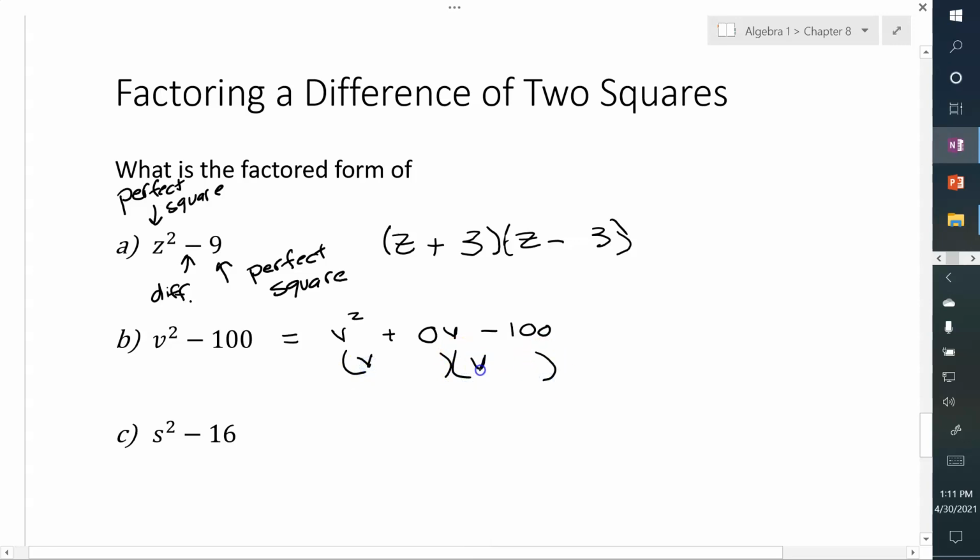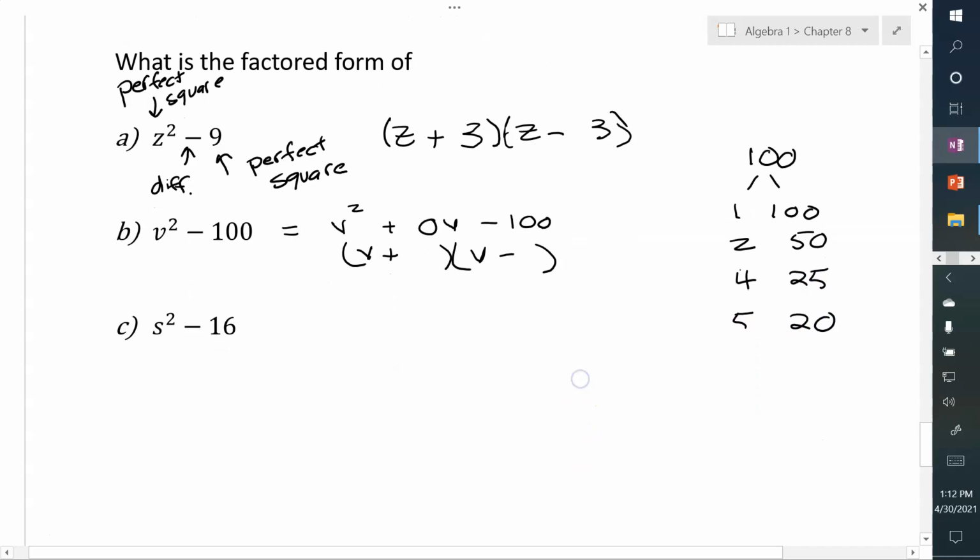So v. I have opposite signs, so one's going to be plus, one's going to be minus, and I'm going to get factors of 100. So 1 and 100. 2 and 50. 3 doesn't work. 4 and 25. 5 and 20. 6 doesn't work. 7 doesn't work. 8 doesn't work. 9 doesn't work. 10 and 10.